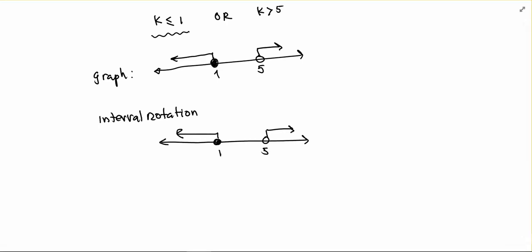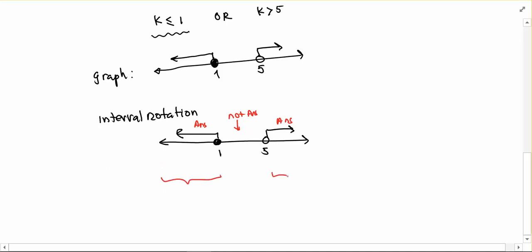So since the answer has two distinct parts, right? This is part of the answer, this is part of the answer, and this is not the answer, right there in the middle. Since the answer has these two distinct parts, you're going to get two intervals. You're going to get an interval for this and an interval for this.